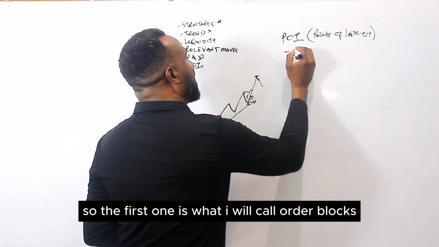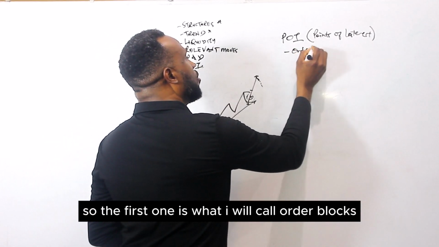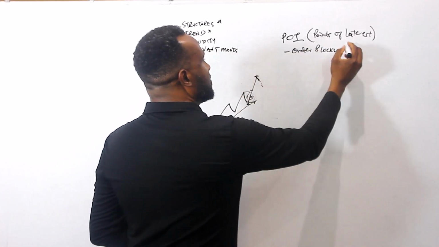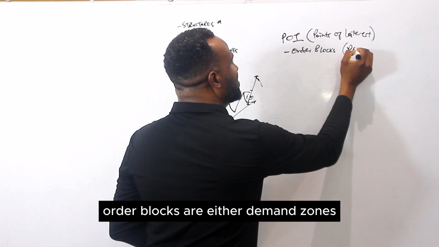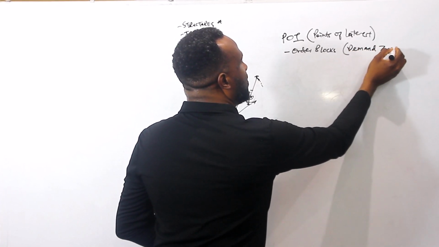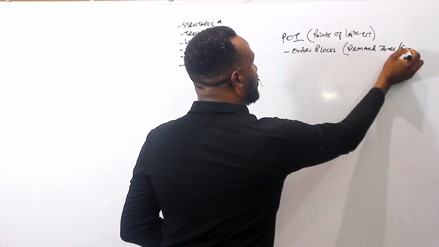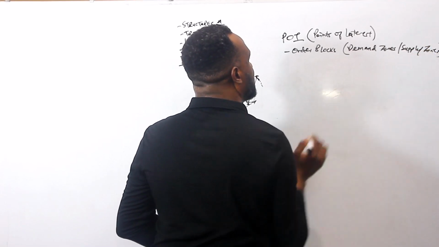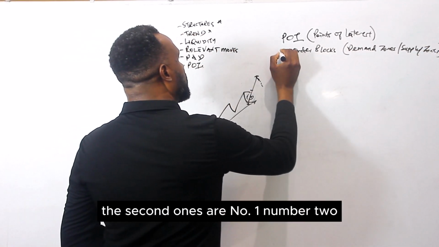So the first one is what I'll call order blocks, right? Order blocks are either demand zones or supply zones, right? The second one, so number one.